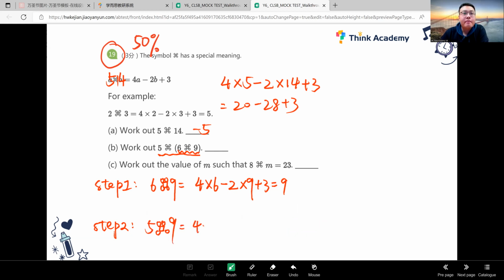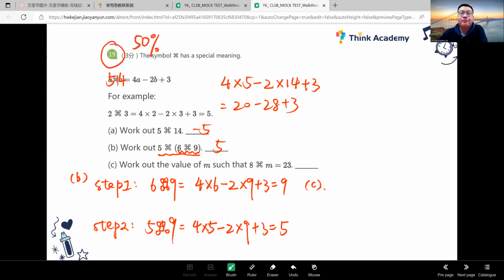So you do 5 times 4, which is 20, minus 18, add 3. So 20 minus 18, you got 2. 2 plus 3, you got 5, right? It's going to be 5. Very good. So last one, this will be question B.